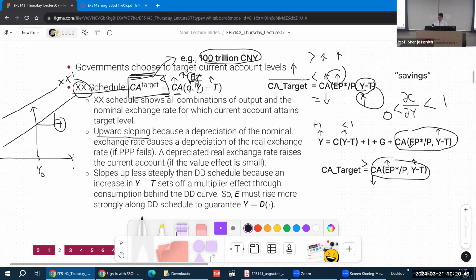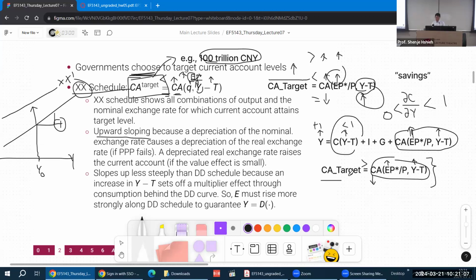So in other words, E has to move in such a way not only to offset this import effect, but also this savings effect. So E actually has to move more than along the XX curve.